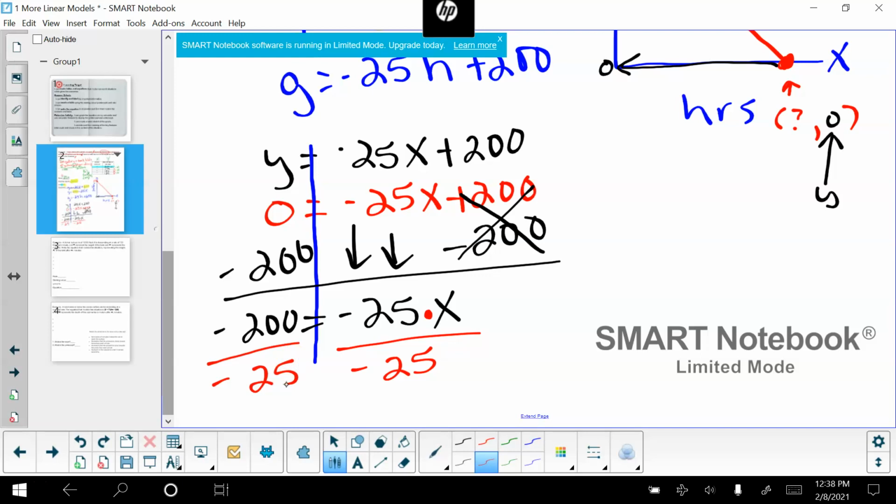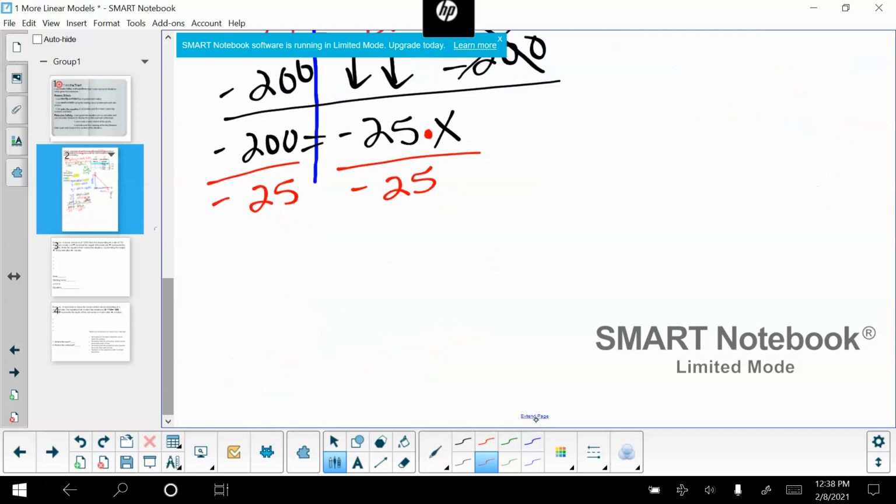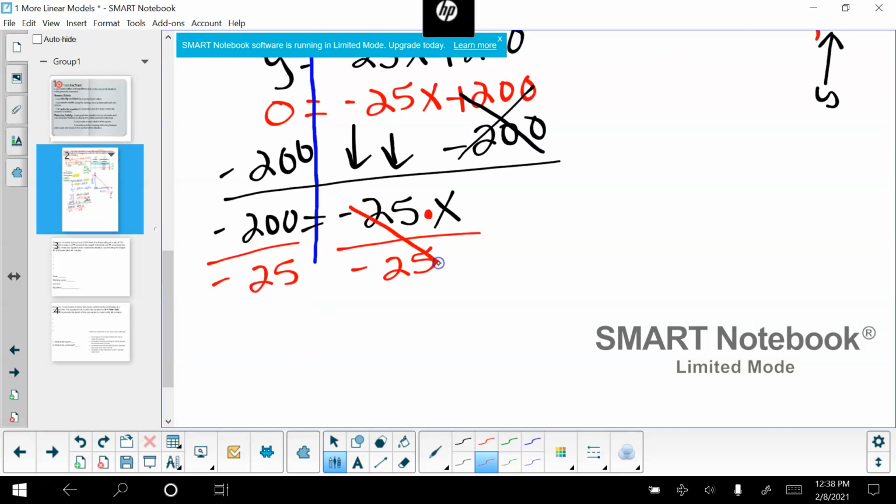And negative 25 divided by negative 25, that's going to cancel. So we're just going to bring down our x. And then we have negative 200 divided by negative 25. And we should remember that a negative divided by a negative is a positive, so then we end up with 8.